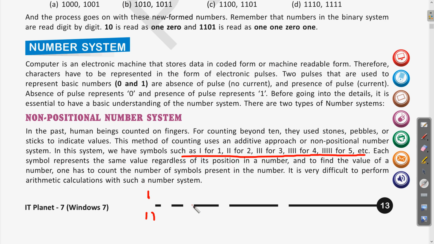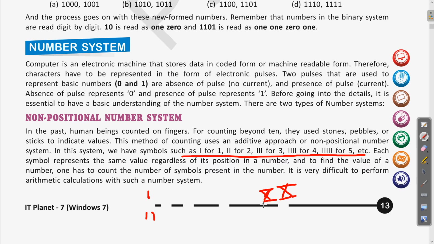So in the non-positional number system, what was happening? If you take the example of the Roman number system, we write different symbols, like X for denoting 10. If I want to write 20, I will write the same X two times. But is there any difference in either of these X?